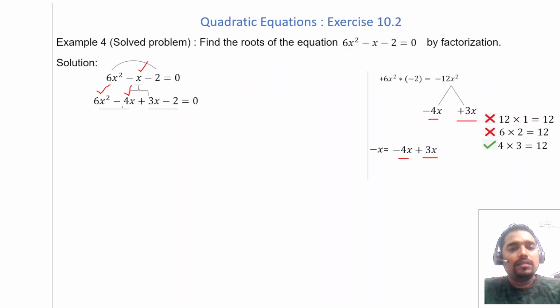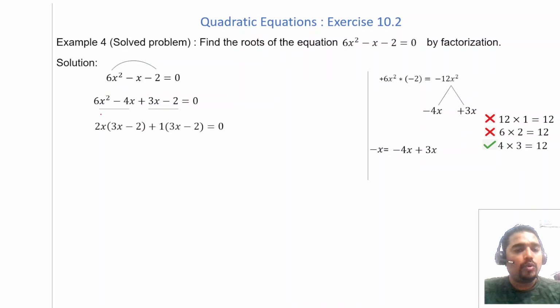Now let us take the common factor 2x out of the first and second term. If I take 2x out of 6x square, 3x is left. Out of minus 4x, if 2x is taken out, then 2 would be left with a minus sign.